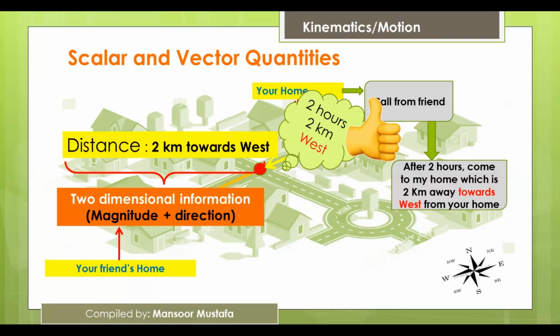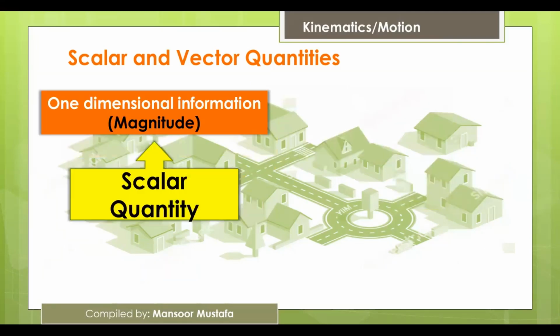Now on that basis we can say that there are some quantities which only require one dimensional information. The quantities which require one dimensional information for their complete representation, and that one dimensional information is magnitude, are called scalar quantities.